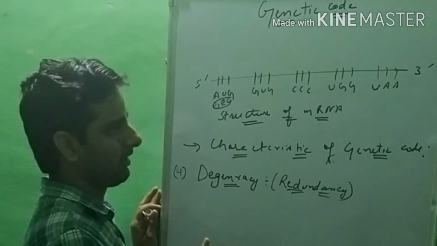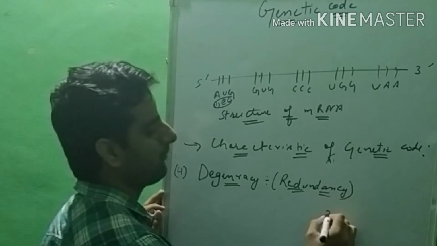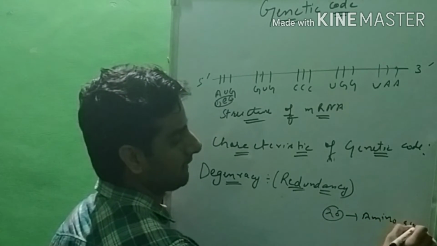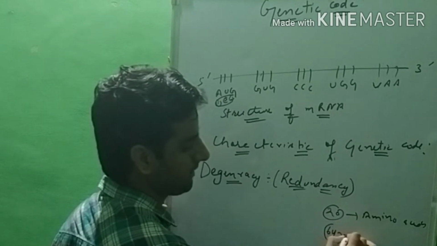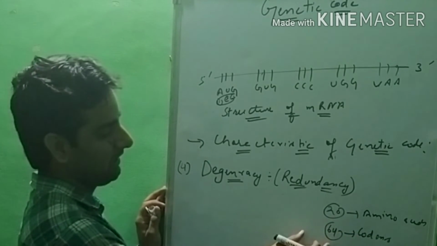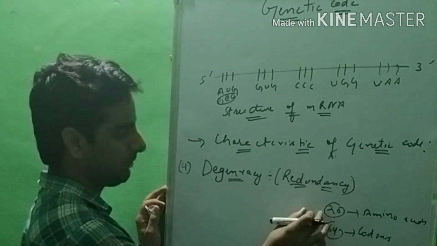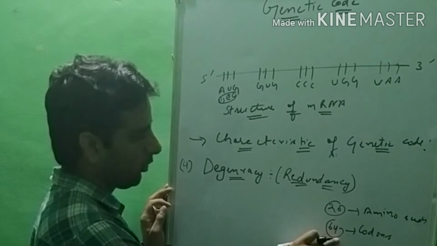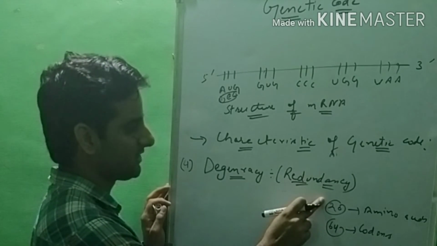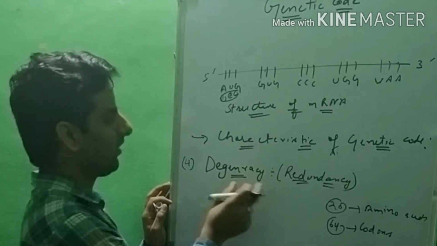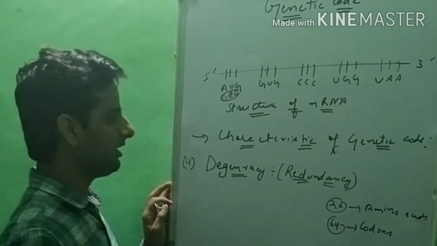We know that there are 20 amino acids and 64 codons present. Here we see that the number of codons is more as compared to the number of amino acids.